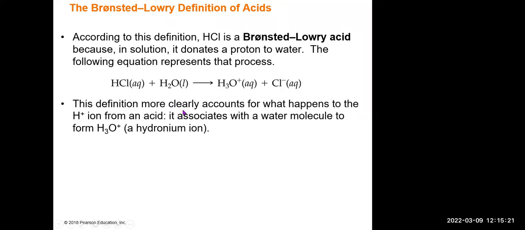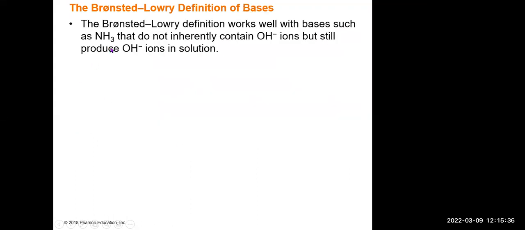This definition more clearly accounts for what happens to the H plus ion from an acid. It associates with a water molecule to form H3O plus, a hydronium ion. The Bronsted-Lowry definition works well with bases such as NH3 that do not inherently contain the hydroxide ion, but still produce hydroxide ion in solution.